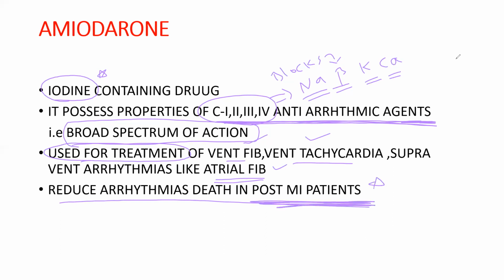So in a viva, if anybody asks you the name of an iodine containing antiarrhythmic drug, you can say amiodarone. If asked for the antiarrhythmic drug with broad spectrum of action, amiodarone. Which drug reduces arrhythmic deaths in post-MI patients? Amiodarone. These are the points for amiodarone.